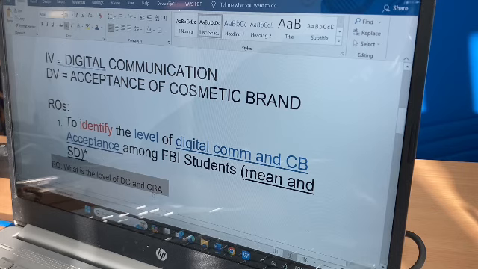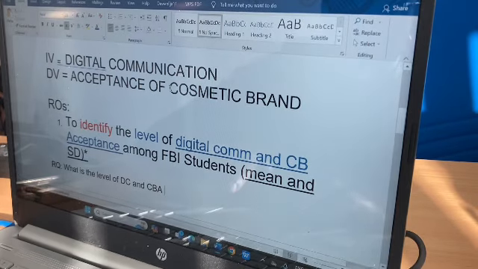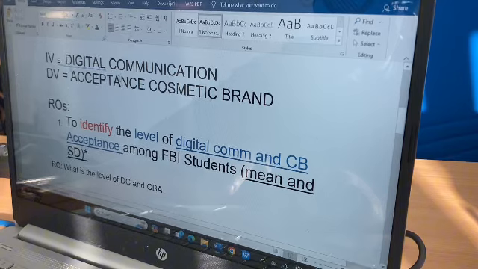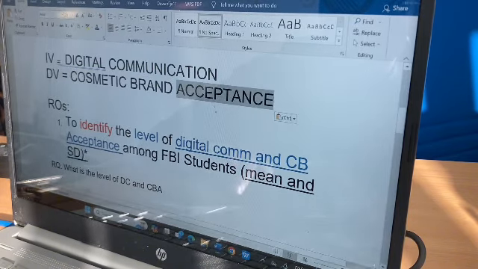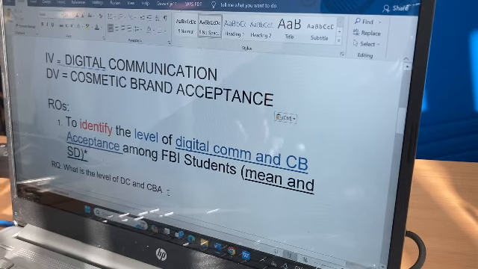What is CBA? Cosmetic brand acceptance. Let's change it from here also. Okay, good. Cosmetic brand acceptance, CBA. So now, this is our first objective, all right?